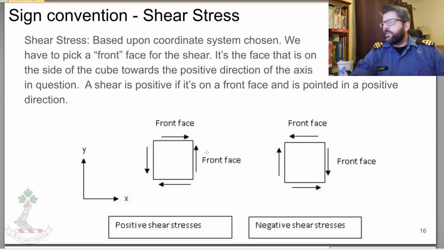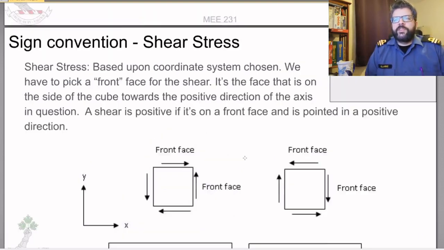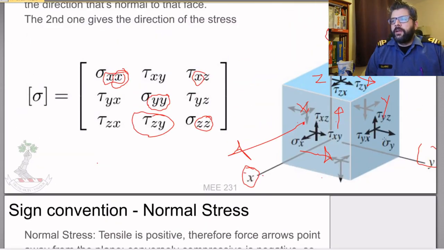As for shear stress, it's a bit more annoying when it comes to sign convention. Again, it's absolutely based upon the coordinate system chosen. So you're picking the front face for the shear. That would be this face and not this face.